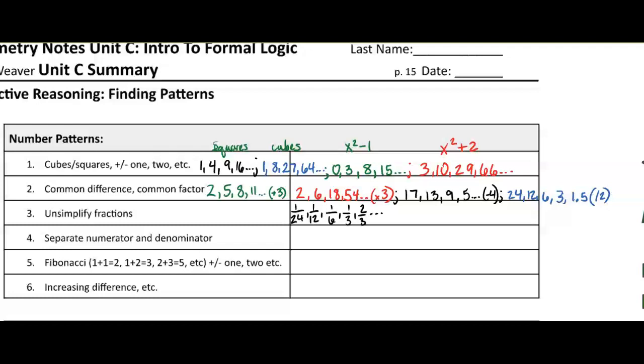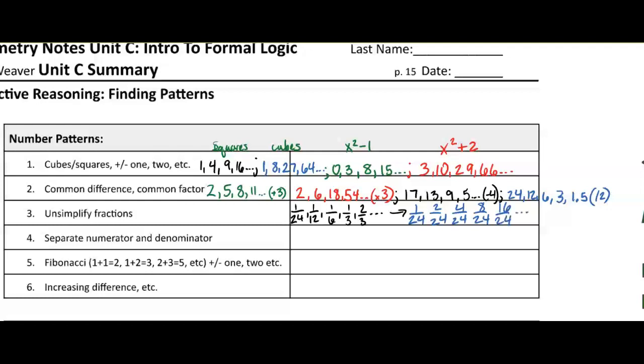Instead of 1/24, 1/12, I could rewrite these. 1/24, all over 24. 1/12 is 2/24. 1/6 is 4/24. 1/3 is 8/24. 2/3 is 16/24.